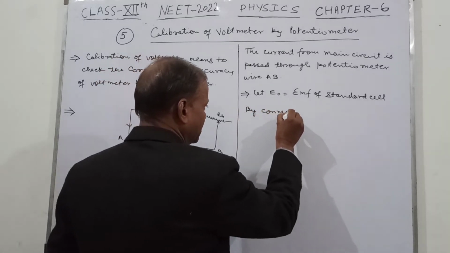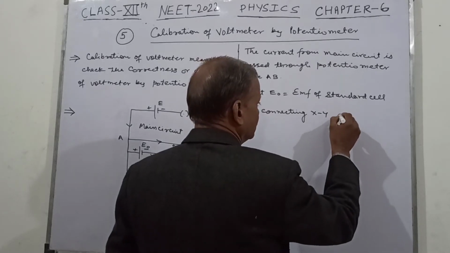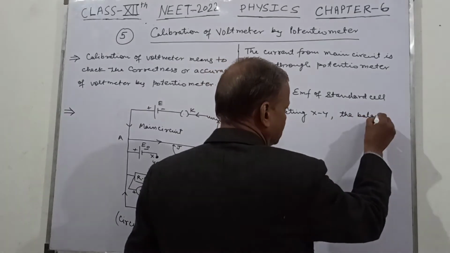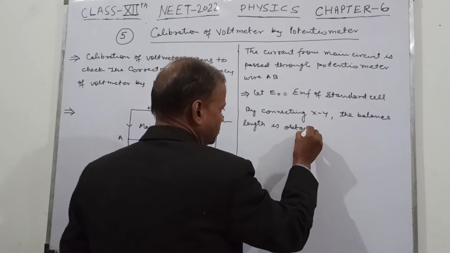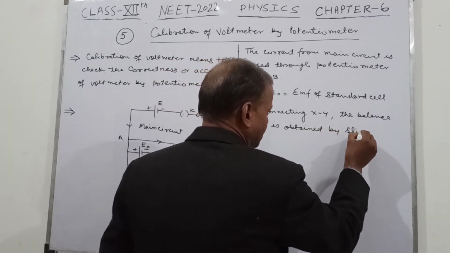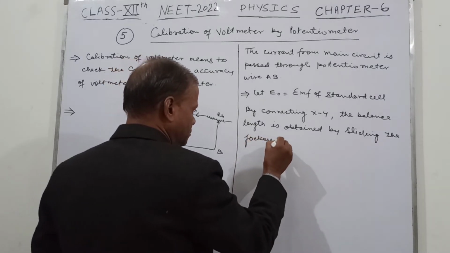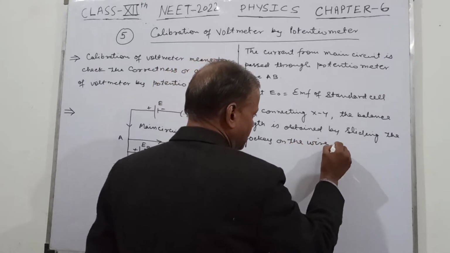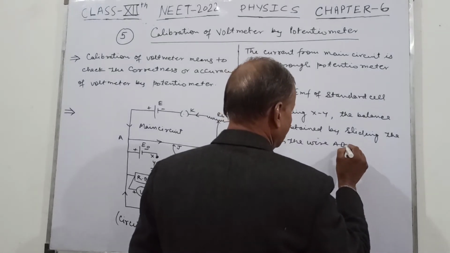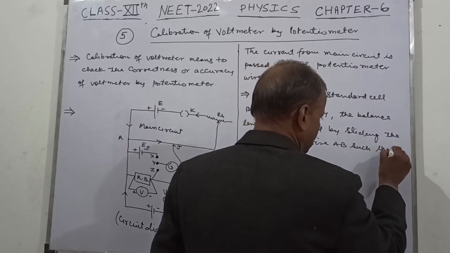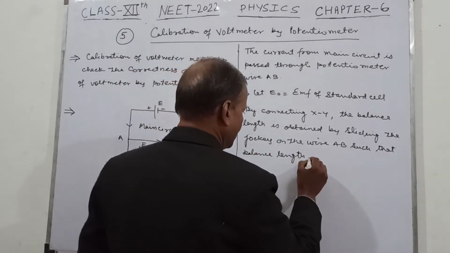By connecting x, the balance length is obtained by sliding the jockey on the wire AB such that the balance length is maximum.